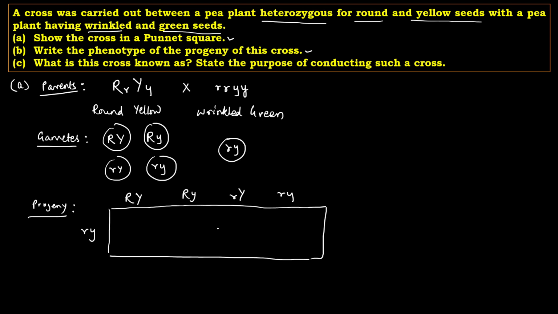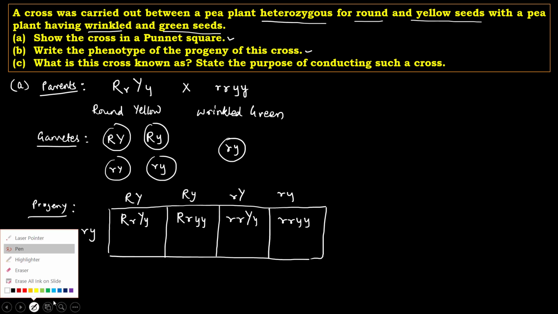So let's close it here. So 1, 2, 3, and 4. Here the genotype is going to be capital R, small r, capital Y, small y. Here capital R, small r, small y, small y; small r, small r, capital Y, small y; and small r, small r, small y, small y.